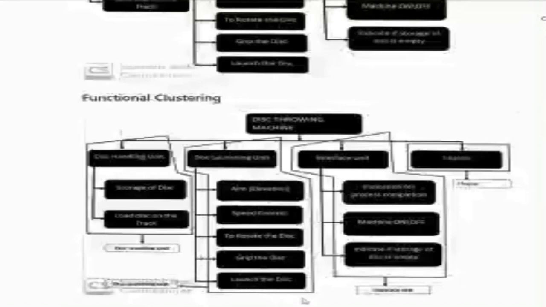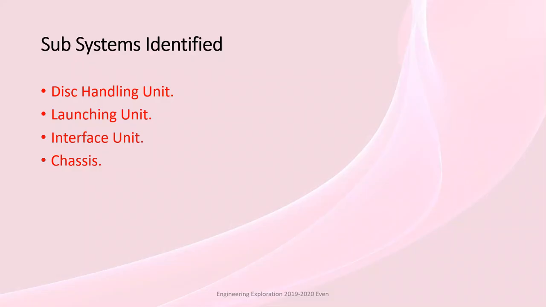Then in the interface unit, we have indication for process completion, machine on and off, and indication of the storage of disk being empty. And the last is chassis. So we identified various subsystems in our machine, namely disk handling unit, launching unit, interface unit, and the chassis.